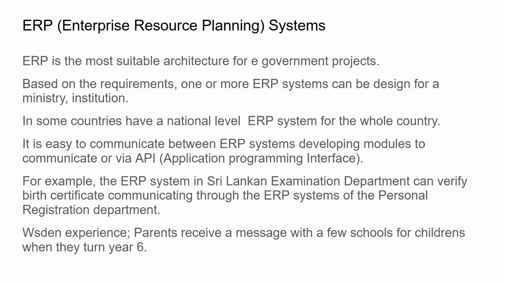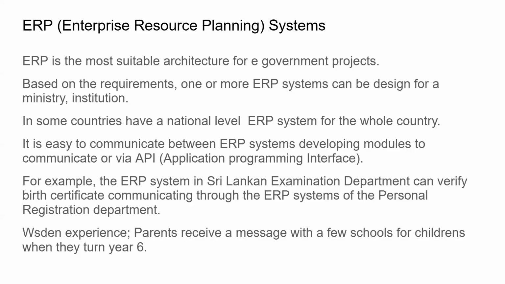The request can be: ABC 123P 1234 is a registered vehicle in the motor traffic registration department of Sri Lanka, and the owner name and chassis number are this. Is this correct? The motor traffic registration department checks the request and sends only a message, yes or no. If it is yes, Petroleum Corporation can register the new user, and then the user can continue the registration process, right?